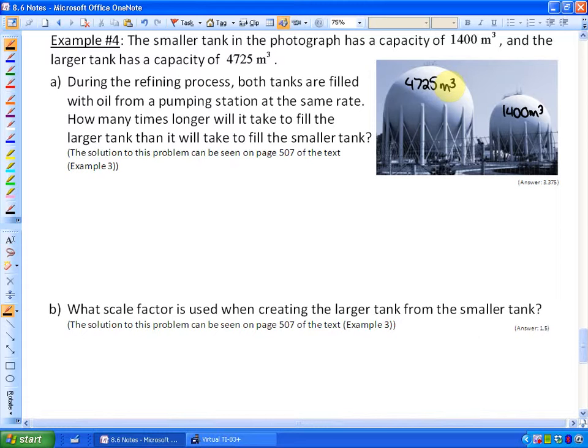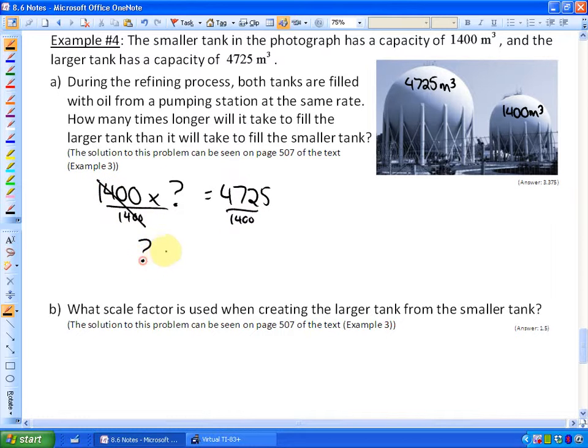How many times longer will it take to fill the larger tank than it will take to fill the smaller tank? Well, basically what that's saying, if we're filling it up with a volume, it's saying essentially 1,400 times what, because that's how much longer it will take, is equal to 4,725. So there you go. And in order to solve this, what we could do is just divide by 1,400.